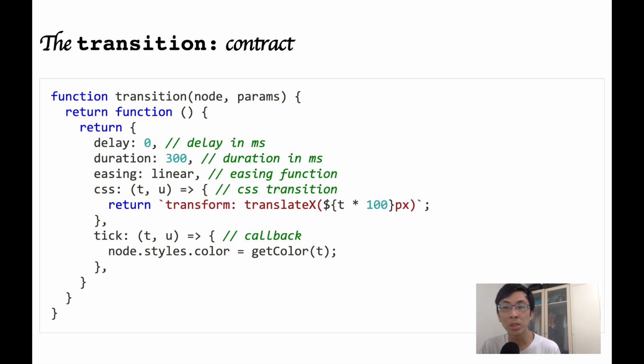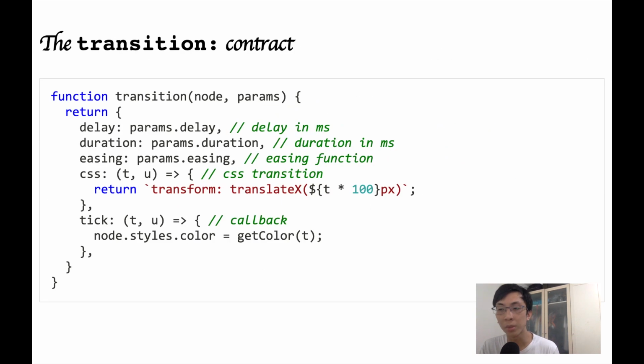All of the properties here are optional if not specified. The default for delay is 0 millisecond, duration is 300 millisecond, and the default easing is linear. Usually you would want the transition to be customizable, and that's what the parameter is for. You can return the delay or duration passed into the parameter from the user.